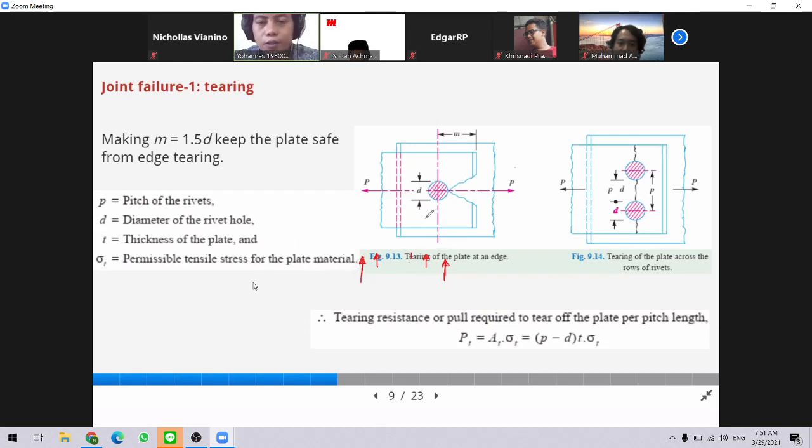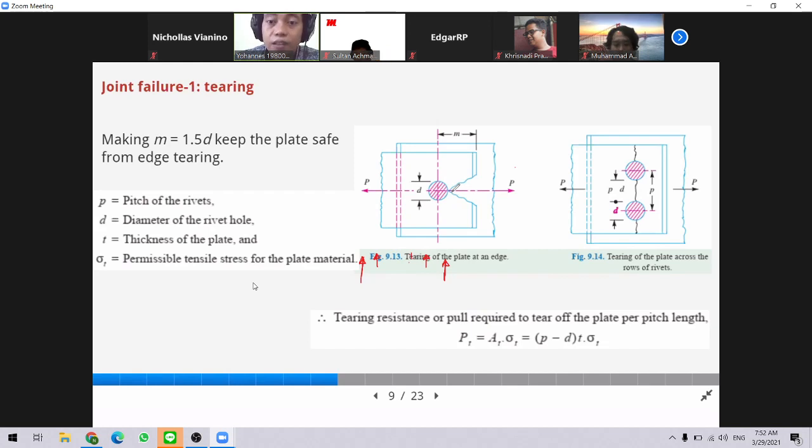In order to be able to calculate the strength of the joint, we have to understand the failure modes of the joint itself. The first failure mode is cracking or tearing, because we put the rivet too close to the edge.